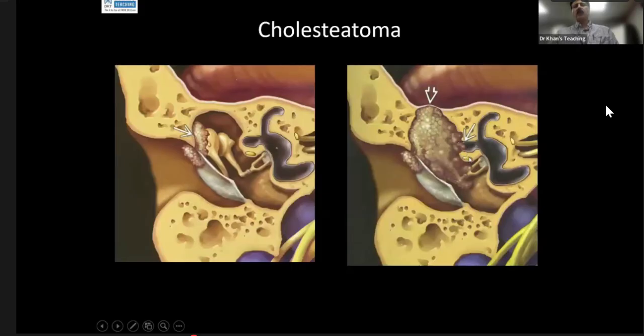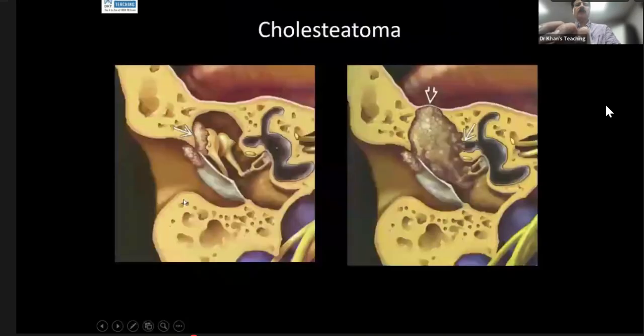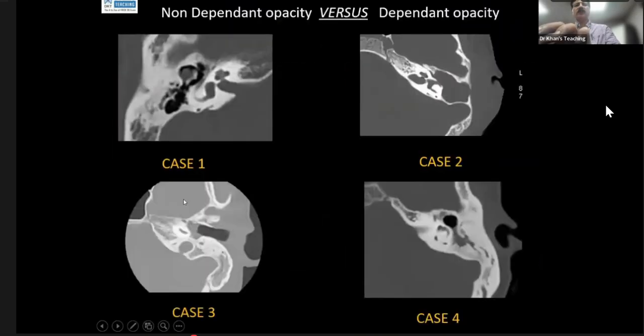It can erode the facial nerve canal. Ossicles are eaten up. So all of these things can happen. So if you see here, pars flaccida, pars tensa cholesteatoma. The main thing to remember is non-dependent opacity with bony destruction.